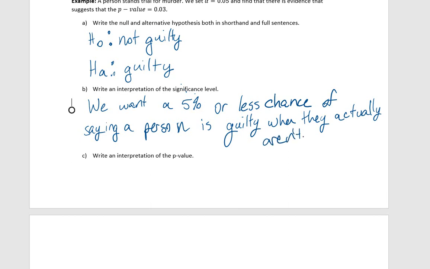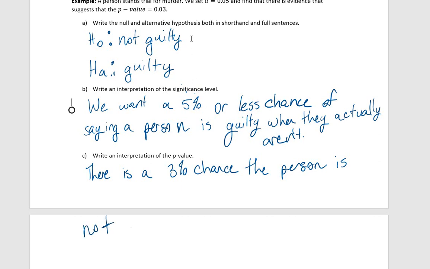Now, if we write an interpretation of the p-value, our p-value was 3%, so there is a 3% chance the person is not guilty. Let's think about this.